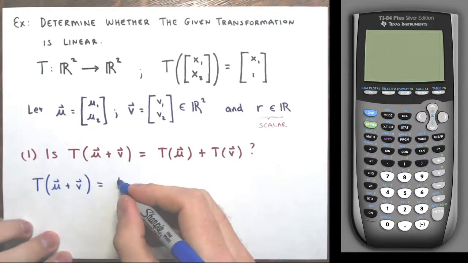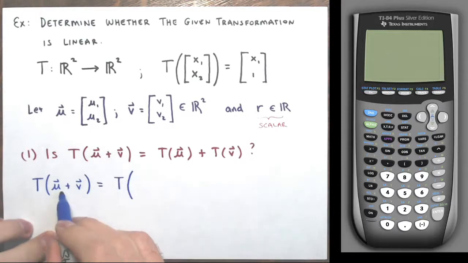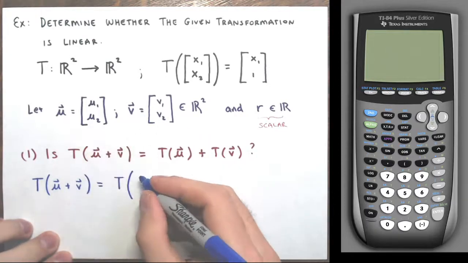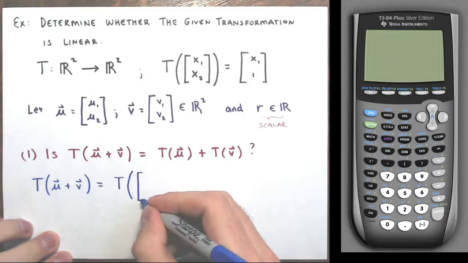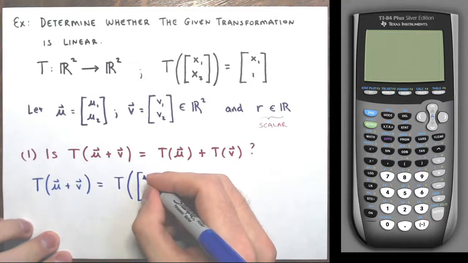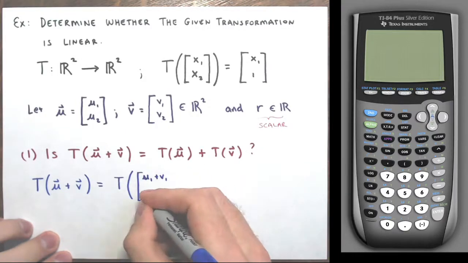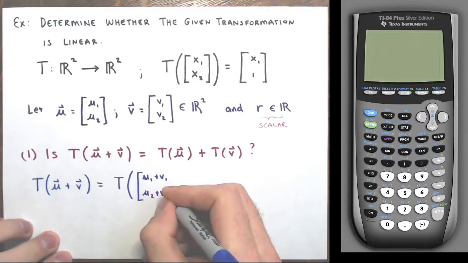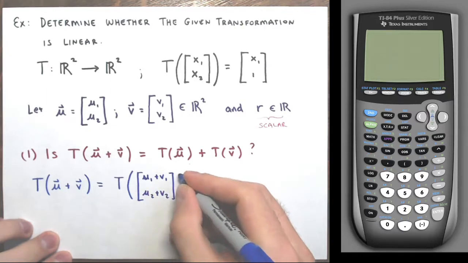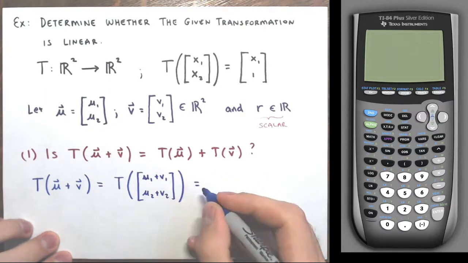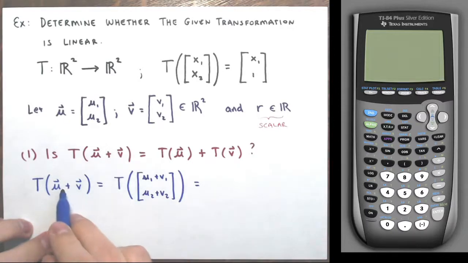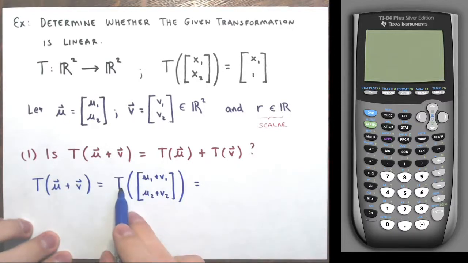So this will be T of u1 u2 plus v1 v2, which gives the vector with components u1 plus v1 and u2 plus v2, under standard addition. I add the vectors first and then apply the rule.